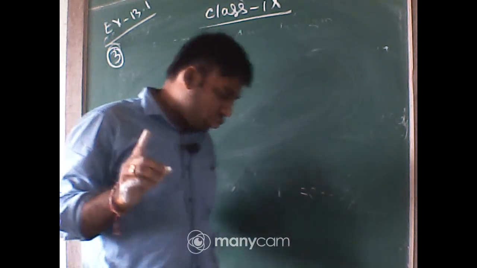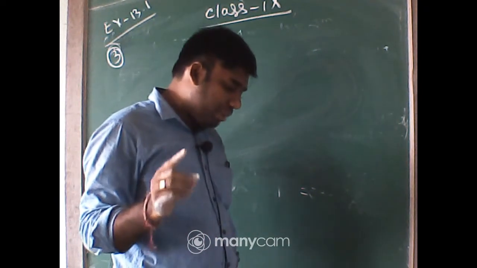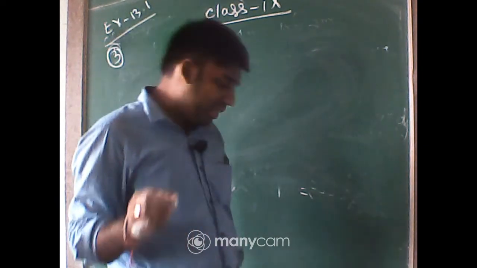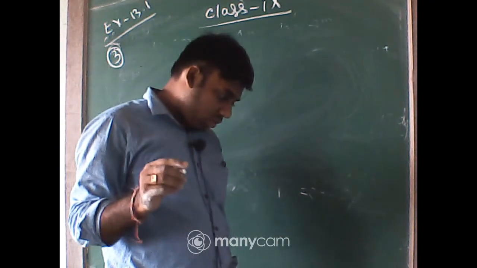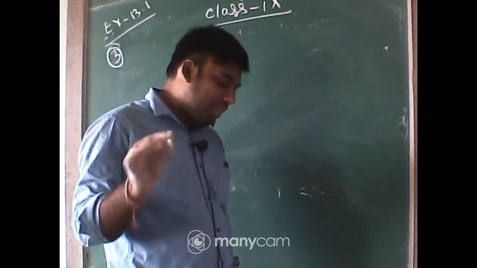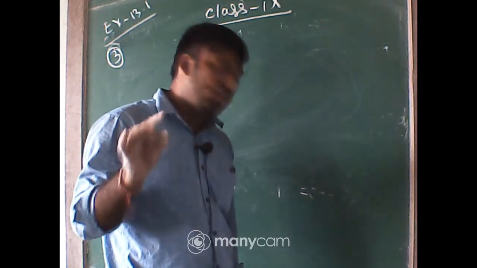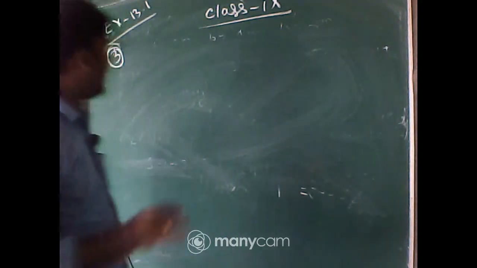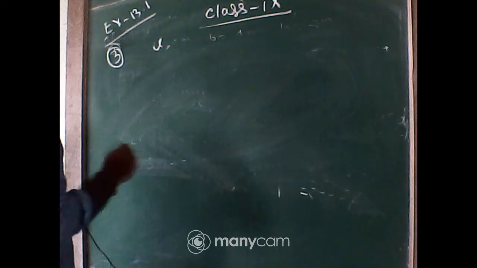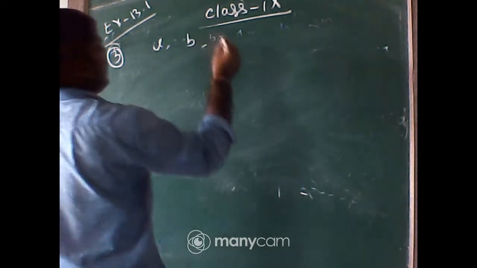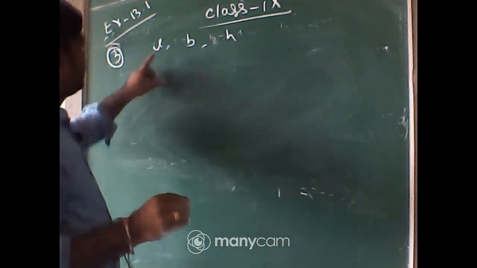If the cost of painting the 4 walls at the rate of rupees 10 per meter square is rupees 15,000, find the height of the hall. First of all, students, I am taking the length of the hall as L, breadth of the hall as B, and height of the hall as H. These 3 are the dimensions of the room.